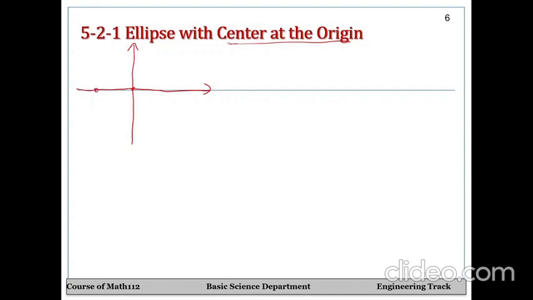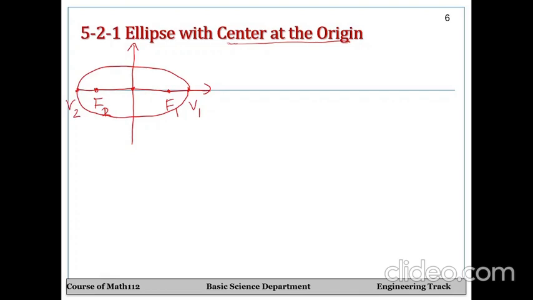Now we might have F1, F2 here. You might have the foci on the x-axis. So we will have such a thing then. And this will be the vertex then. The vertices are like V1, V2, let's say.